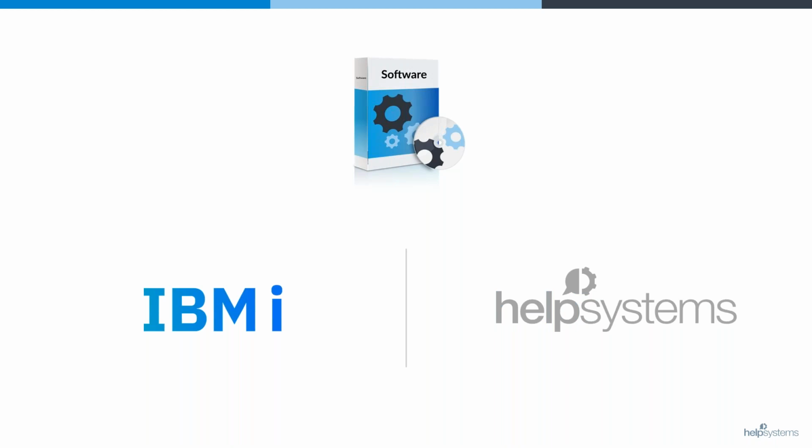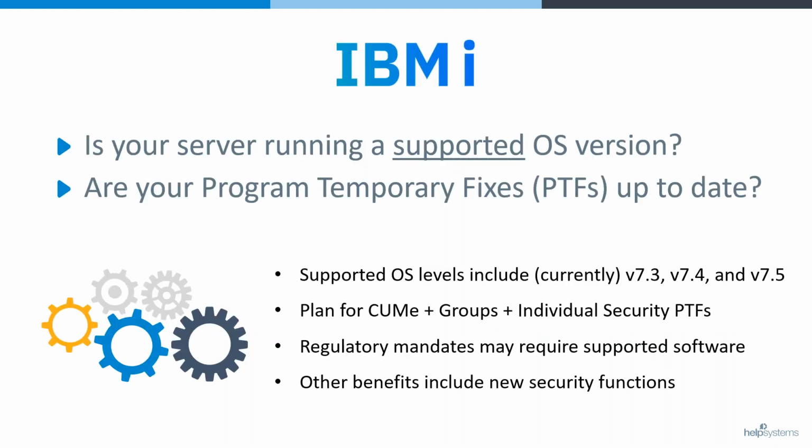Granted, again, reminding that we're just going to scratch the surface, but one of the things that you want to look at is whether your server is running on a supported operating system version. That includes anything beyond version 7.3 at the moment. 7.2 disappeared in 2020 or 2021. And so if you're on 7.3, 7.4, or if you're an early bird and you've jumped on 7.5 already, then you are supported by IBM.